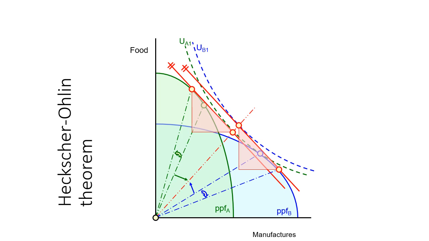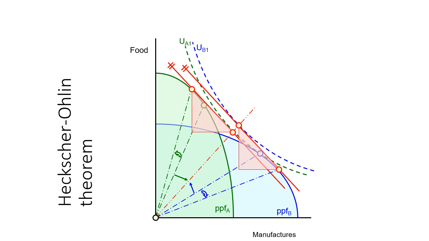And if you look at it further, the amount of food that travels to country B is exactly the excess that existed in country A. So the import of food by country B equals the export of food from country A. And the export of manufactures by country B equals the imports of manufactures by country A. In that way, we ensure that the total demand of both countries is equal to the total production of both countries.